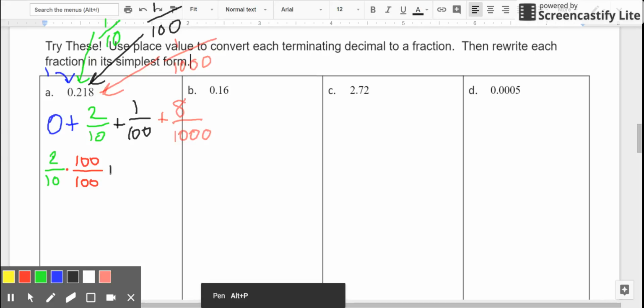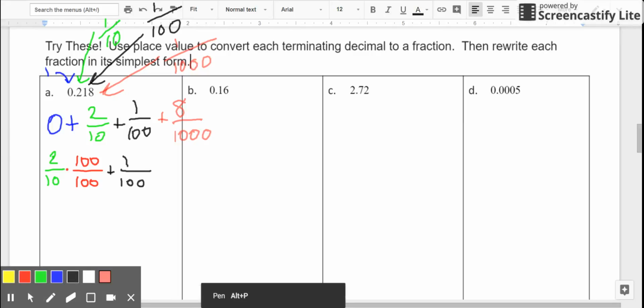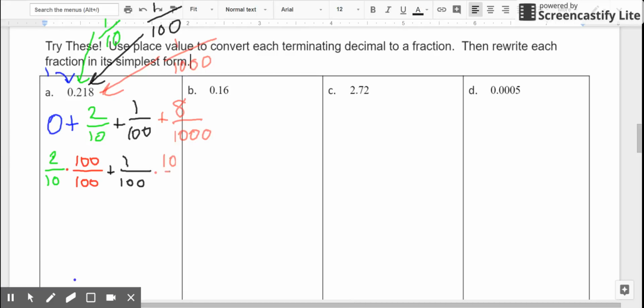I need to change 1/100 into a denominator of 1,000 as well. 100 times 10 will give me 1,000, so I'll multiply by 10 over 10. And 8 thousandths is already compatible with the right denominator because that's the denominator I'm using.